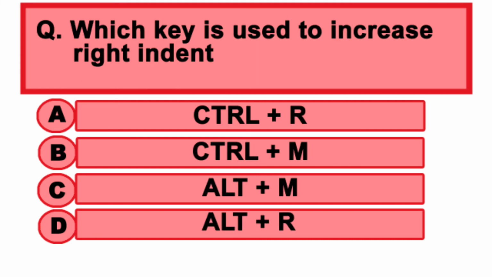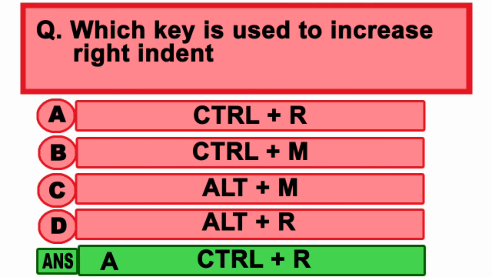Which key is used to increase right indent? The options are A. Ctrl R, B. Ctrl M, C. Alt M, D. Alt R. Let's see the options in detail. Ctrl R is the shortcut key used to align the text to the right of the screen. Ctrl M is used to increase left indent.